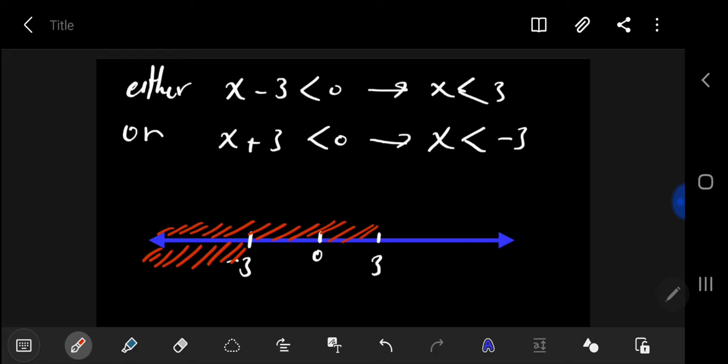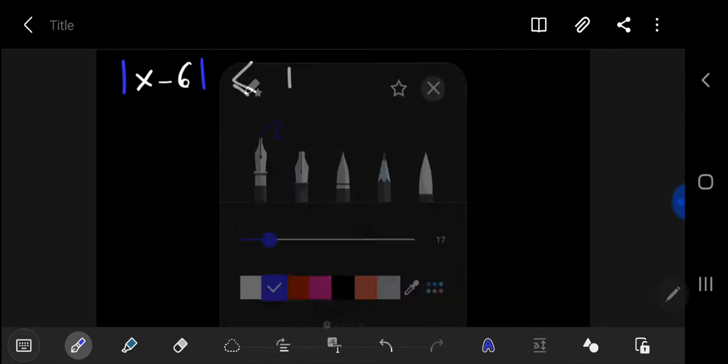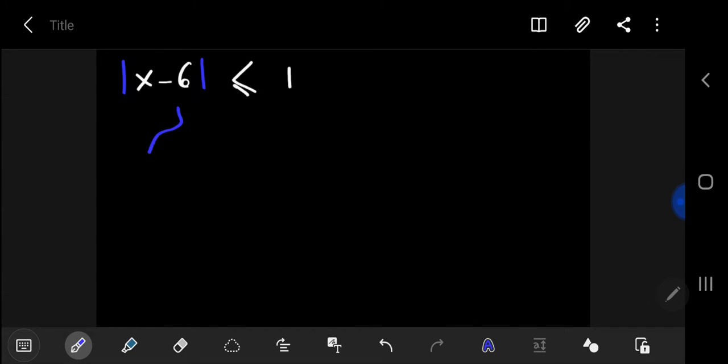Another example I will take. Now if I have an absolute value in the homework, in the question, what do I do? If I have an absolute value, I will take two numbers.